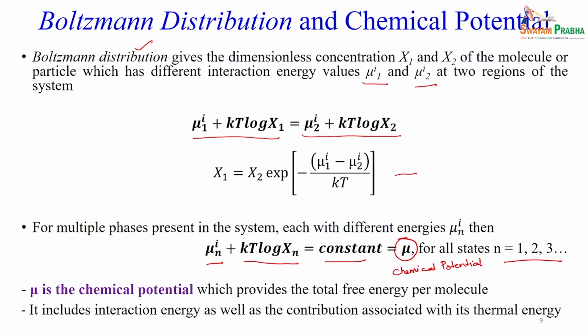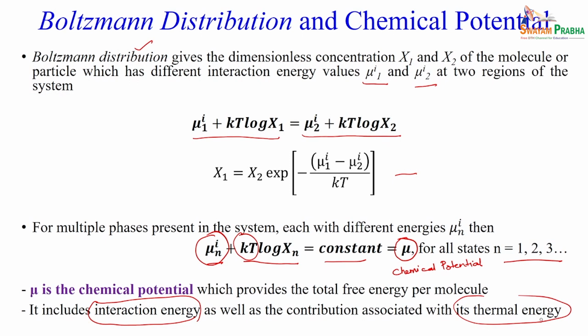So the chemical potential, if you just see, is a sum of interaction energy plus thermal energy. So the chemical potential provides the total free energy per molecule. It is a sum of interaction energy plus the contribution associated with its thermal energy.